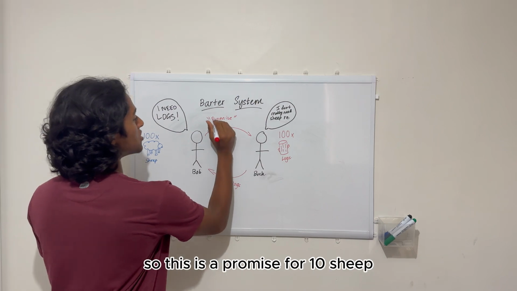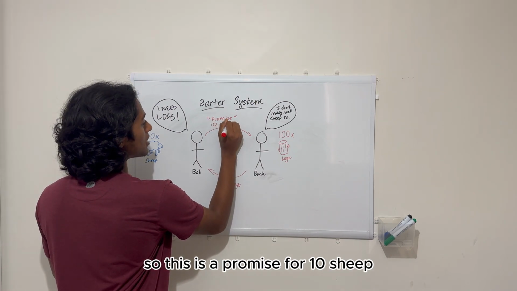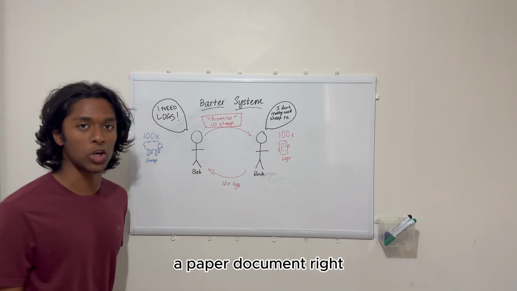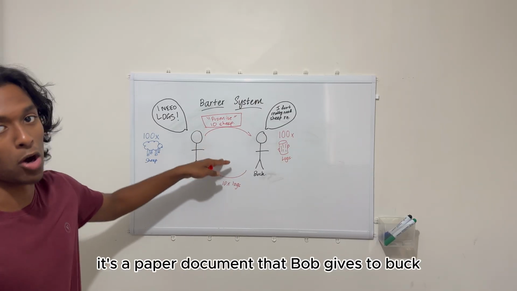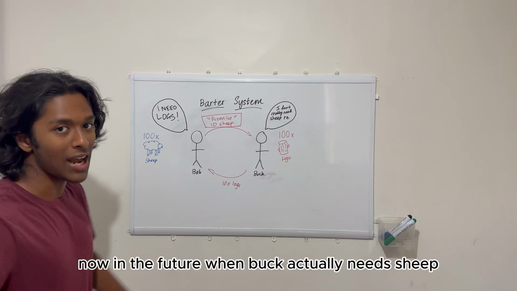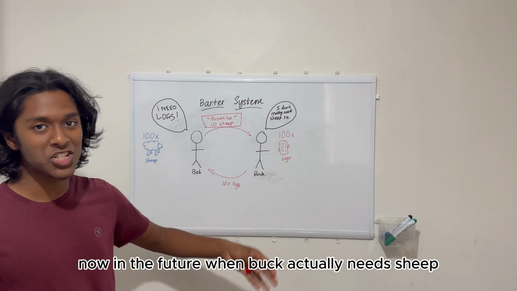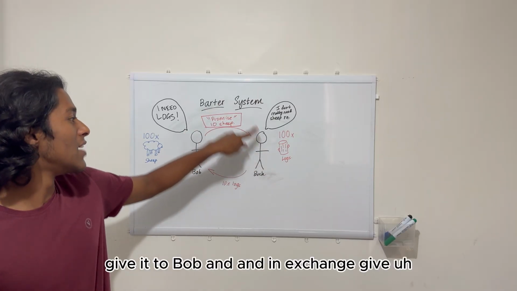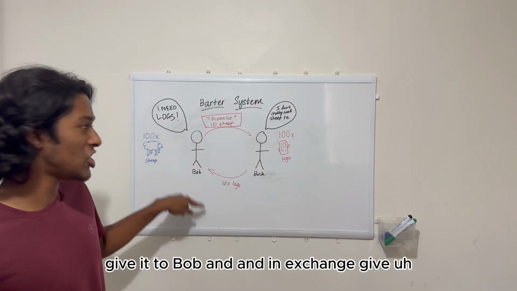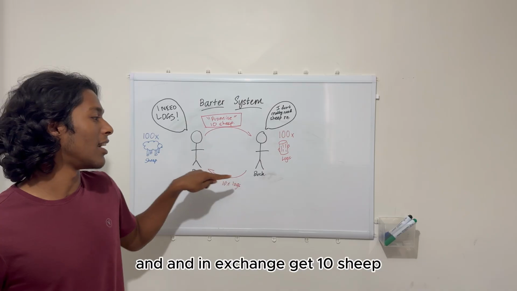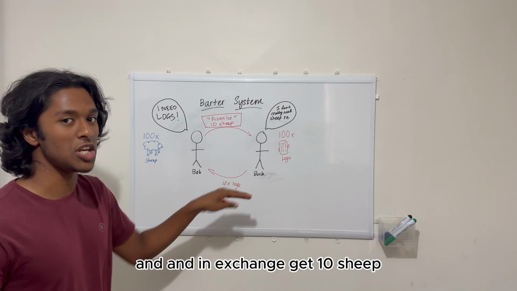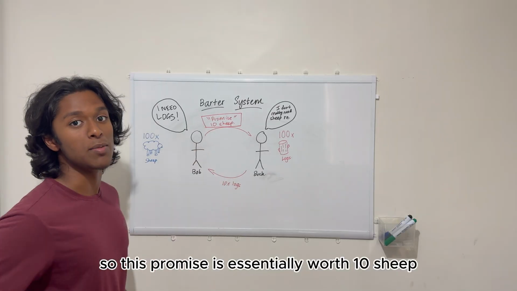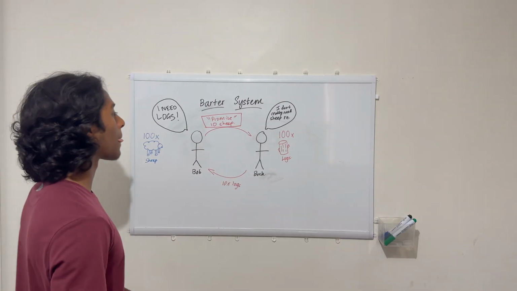So this is a promise for 10 sheep, and let's say it's a paper document that Bob gives to Buck. In the future, when Buck actually needs sheep, Buck can take this document, give it to Bob, and in exchange get 10 sheep. So this promise is essentially worth 10 sheep. You can treat it as 10 sheep.